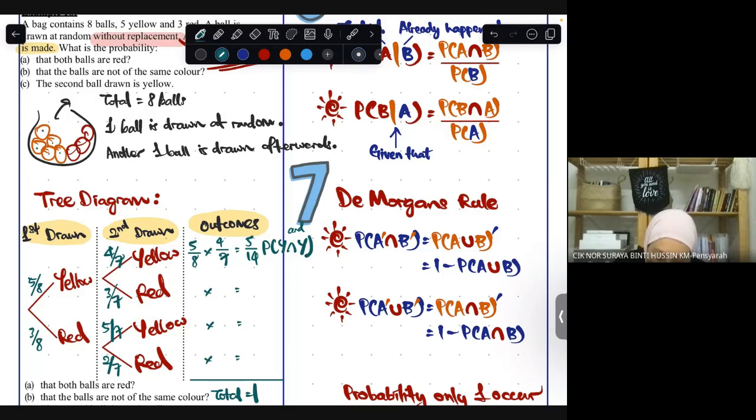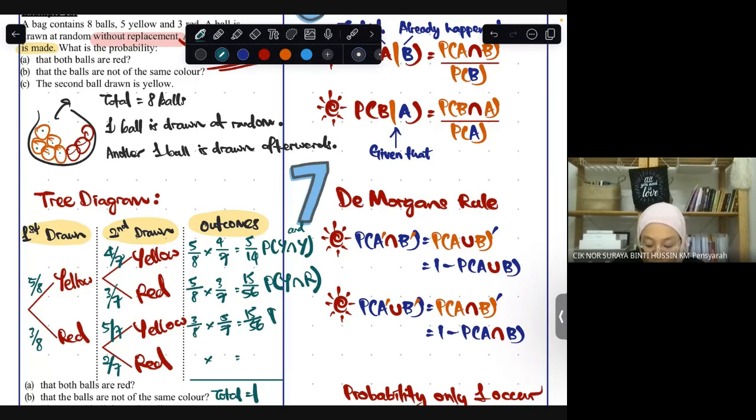So next part is of course 5/8, you can already see the pattern, multiplied by 3/7. You will get 15/56. So this is the probability of yellow and then you get red. Okay, next one is 3 out of 8 times with 5 out of 7, and then you will get 15 out of 56 again.